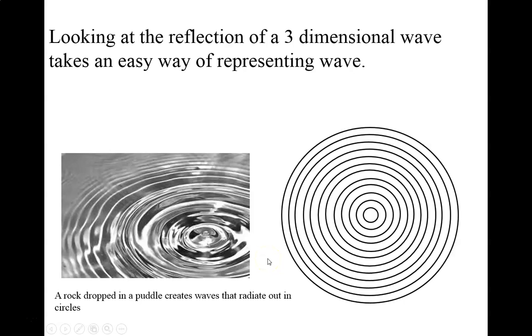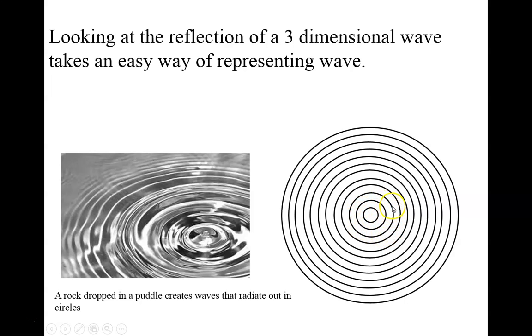When we start talking about refraction and diffraction, we need to be able to represent a wave in a simple method. To represent a circular wave, we'll just represent these circles as, let's say, crests that are radiating out in all directions.